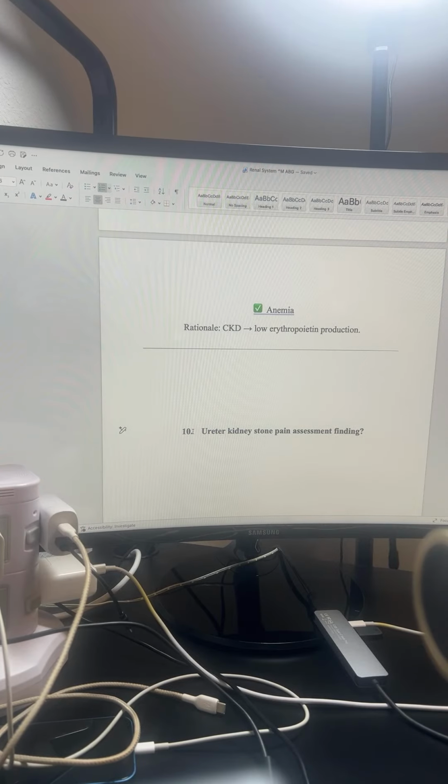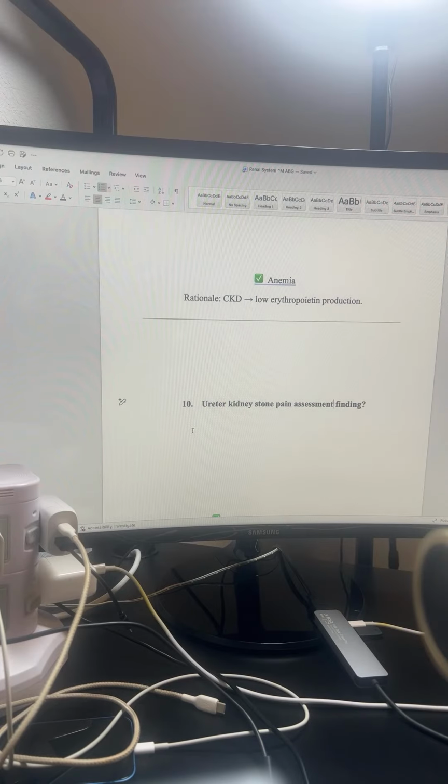Yes, so flank pain, dysuria, urinary retention, difficulty urinating, nausea, vomiting. But would you be having rigid abdomen? Is rigid abdomen something that is common or seen a lot in kidney stone patients? Can't really know. Yeah. All right.